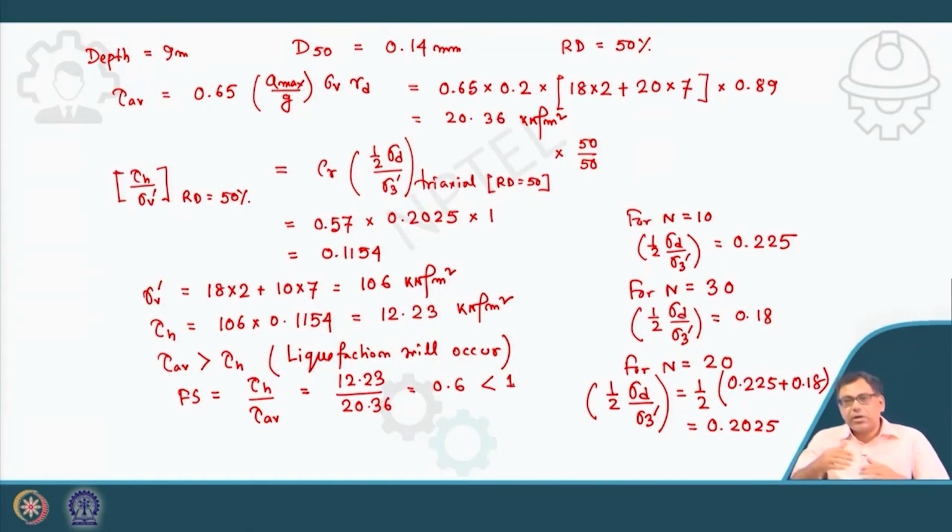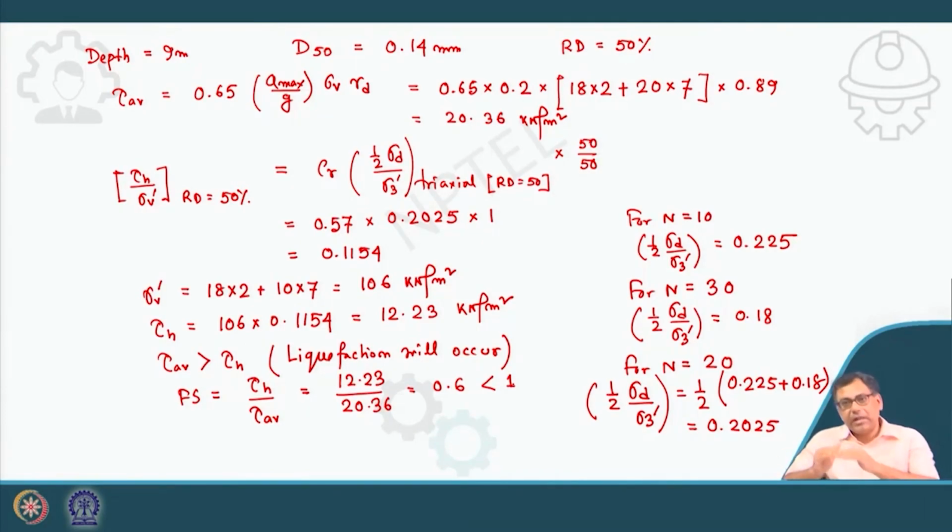So this way you have to do this checking for the depth up to which you have that sand layer, or up to which you have the influence zone of your foundation. Then you have to check whether liquefaction will occur or not. If it will occur, up to which depth.